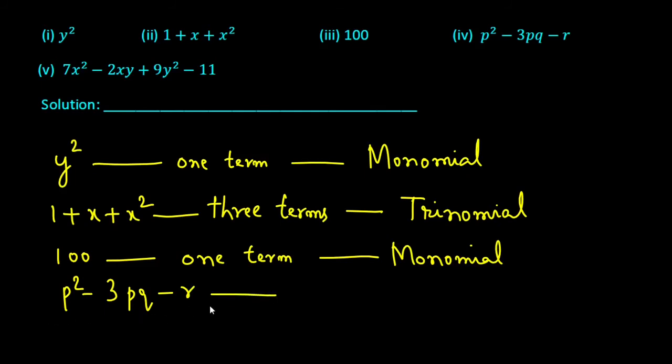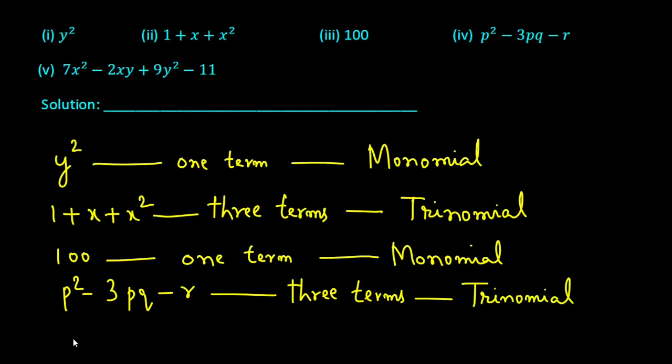Here we have three terms, and all these three terms are unlike terms. So we can count them as three different terms. So this is called a trinomial.